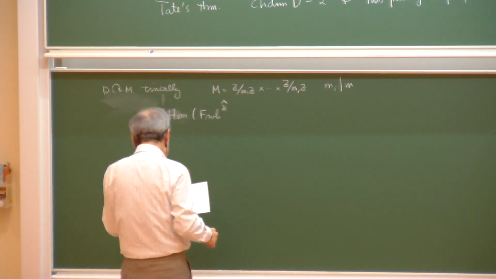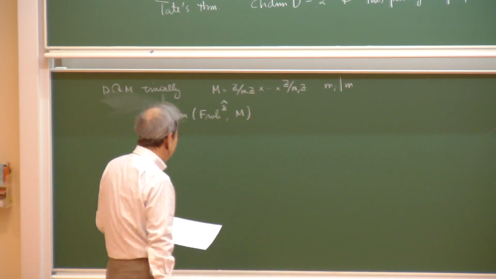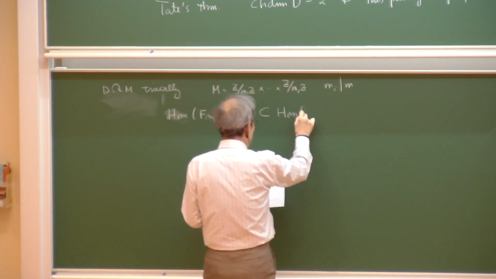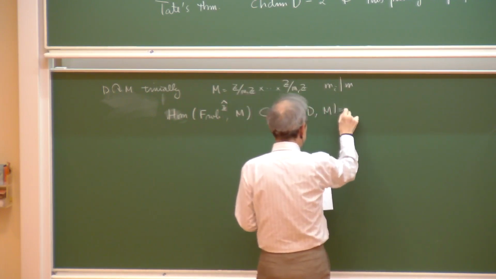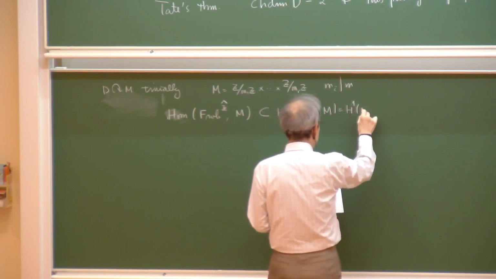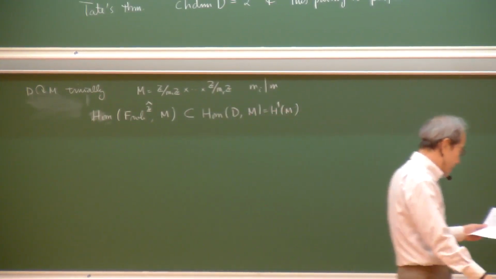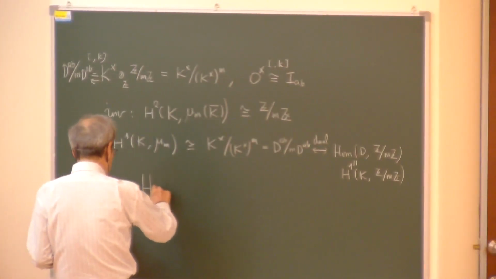Then you take a continuous homomorphism into it. Then obviously this is inside the Hom into M, but that is H^1(M). All right.